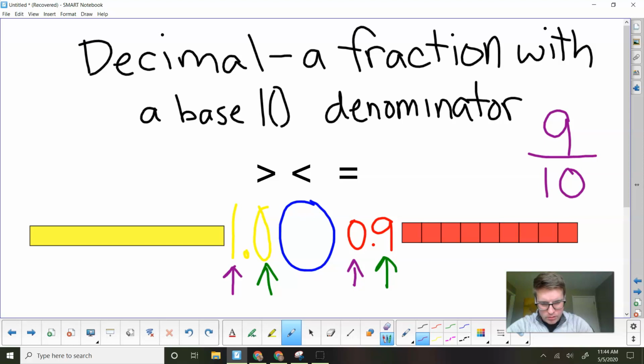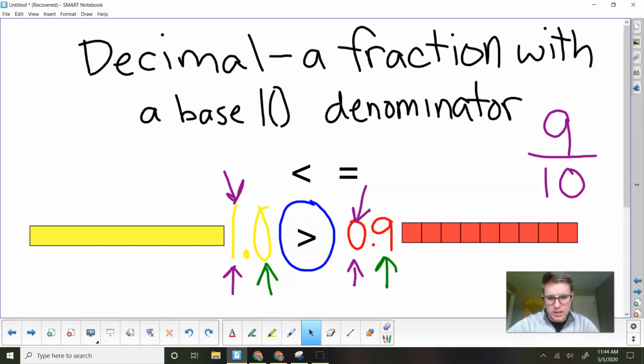What's my value of my ones place? It's 0. What's the value of my 1.0 ones place? 1. Which is bigger, 0 or 1? Yeah, 1 is bigger, right? So 1 will be greater than 0.